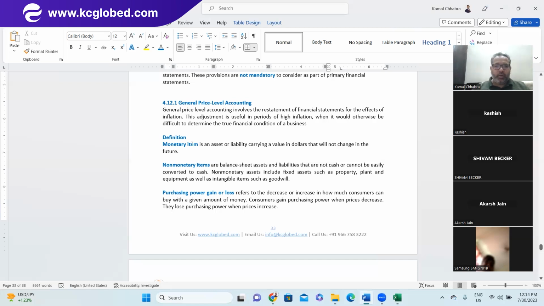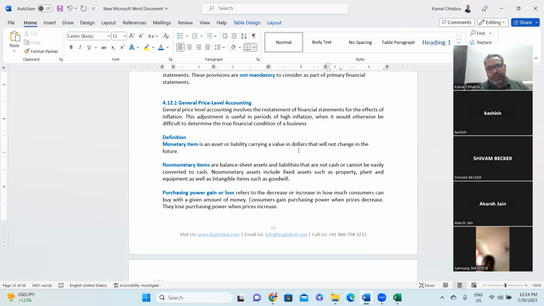So let's quickly take a look. A monetary item is an asset or liability carrying value in dollars that will not change in future. So currently we have dollar value in hand. So that's generally considered current assets and current liabilities. Non-monetary items are the balance sheet assets and liabilities that are not in cash or cannot be easily converted into cash.